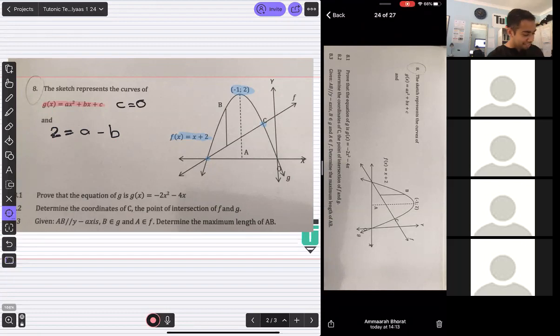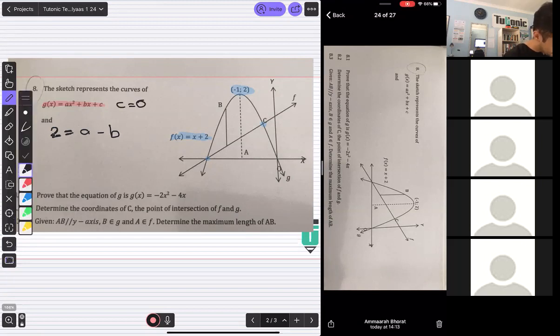What else can we do? Do you agree we know what this point is? What's this point here? It's the x-intercept of the parabola, but it's also the x-intercept of the straight line graph. And you know the equation of the straight line graph.